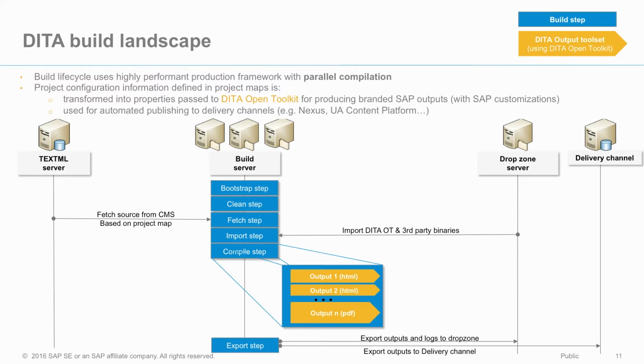So we can have up to 2,000 outputs within the same project. So really the parallel compilation is one of our key assets to have performance in place within our build process. And within these orange boxes here, this is where we are running DITA Open Toolkit transformation.